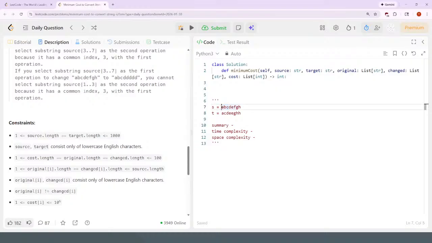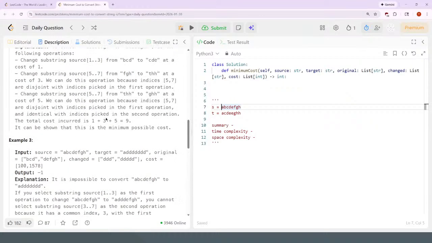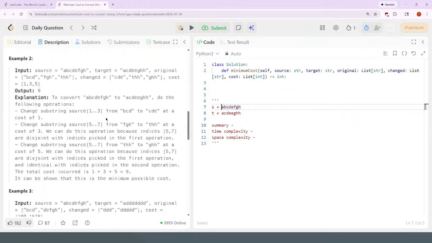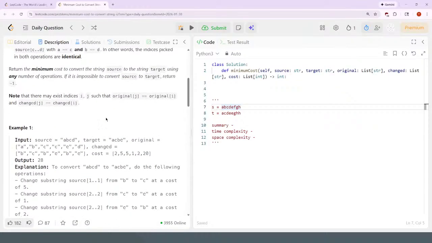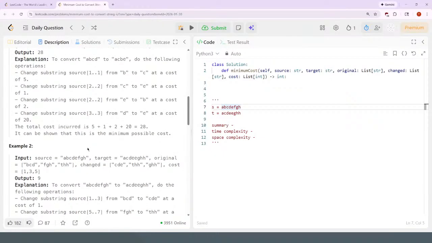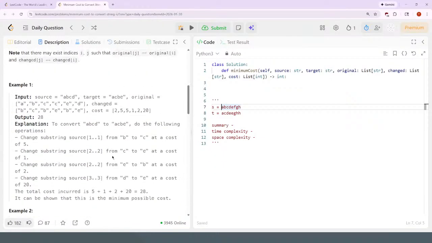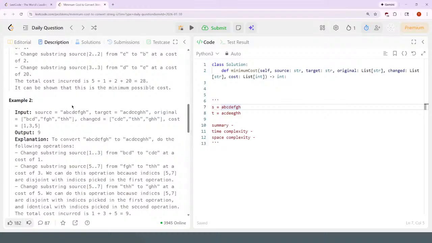So I think, I wonder. I think it's gonna be as easy as some of these exchanges where it's like FGH goes to THH and then THH goes to GHH.